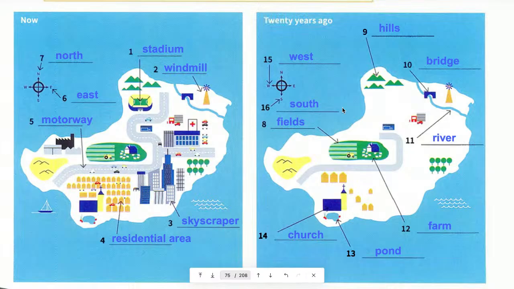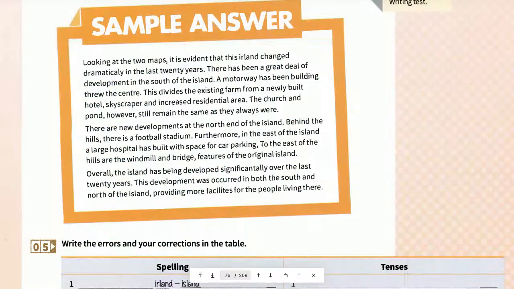If you just say this divides the farm from a hotel, skyscraper, and residential area, you will get lower points compared with this. Why? Because based on the word existing farm, they only mention the comparison. That means 20 years ago, there was a farm there, and now the farm is still there.